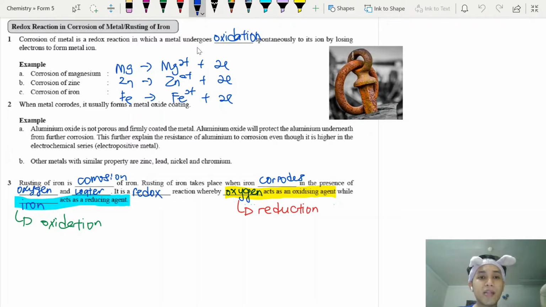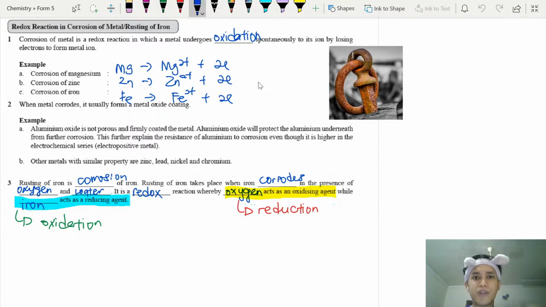When metal undergoes oxidation, this is what we call corrosion. So remember, when we say the term corrosion of metal, it means that the metal is undergoing oxidation. So if we say corrosion of magnesium, it means magnesium undergoes oxidation, meaning they are going to release the electrons.